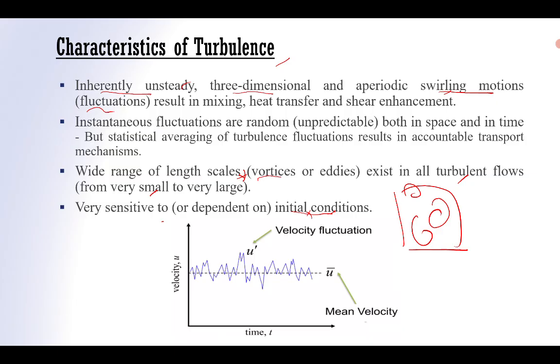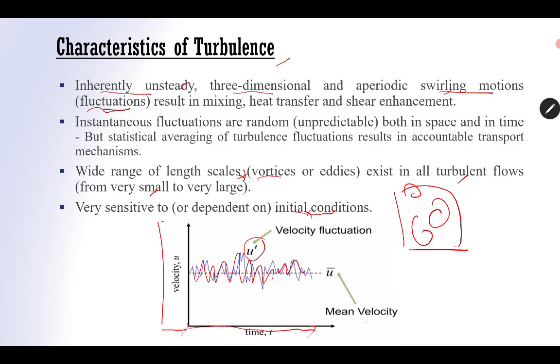So here is a basic explanation about turbulence, where we have the fluctuation of u, the fluctuation of the velocity, versus time. To simulate turbulence is very difficult when we have a fluctuation of velocity like this.